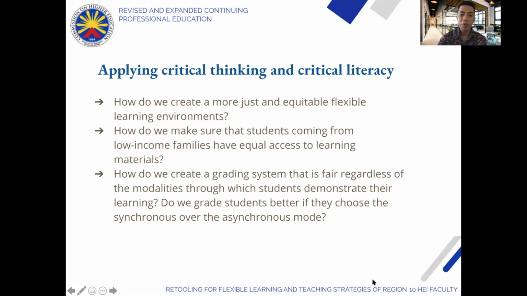Many of our students don't even have cell phones, or if they do have a cell phone, they will have to share it with other members of their family. And also, do they actually have a quiet place to study? That's another important thing to consider. How do we make sure that students coming from low-income families then have equal access to learning materials?